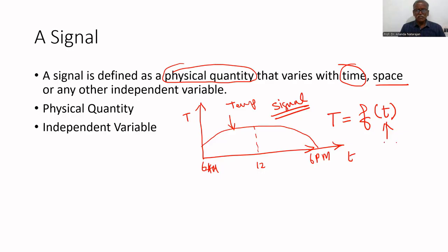No one can change it. So a variable which cannot be controlled is called an independent variable. So T equals f of t, that is, temperature equals a function of time. It depends upon the time. So a signal is defined as a physical quantity that varies with respect to the independent variable time t.